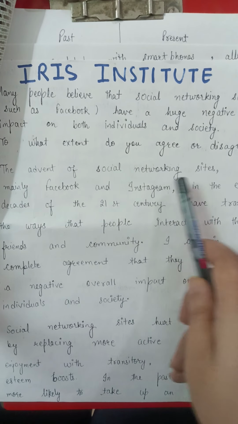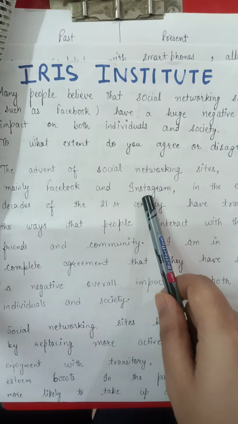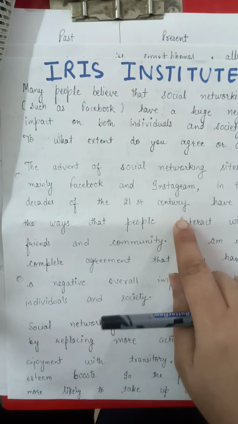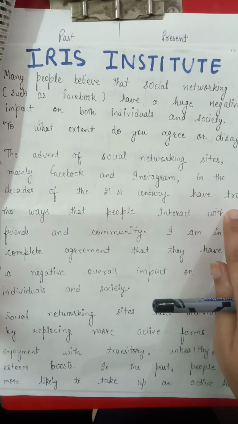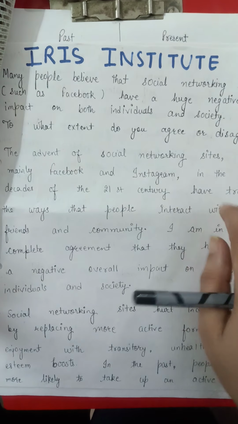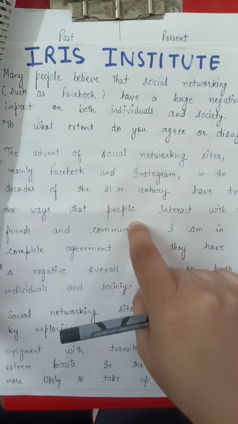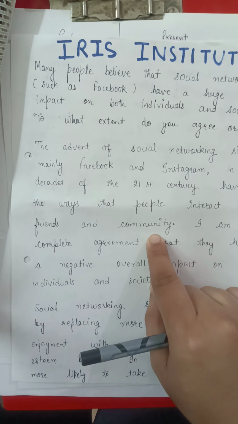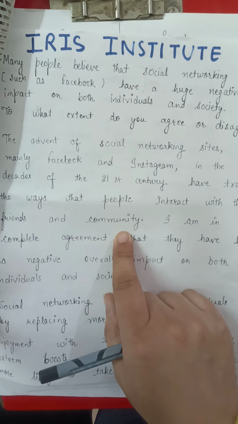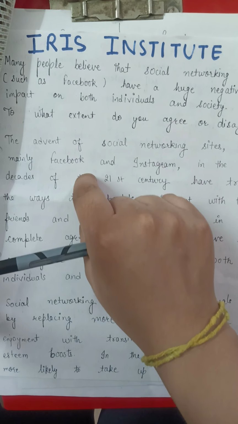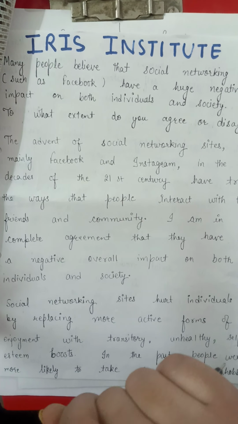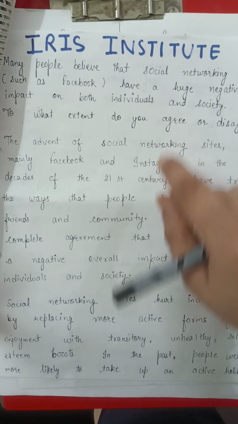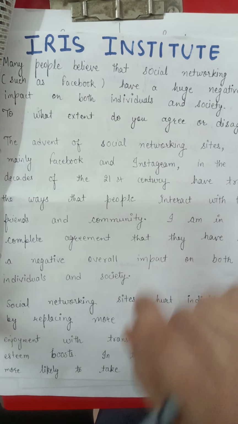With the advent of social networking sites such as Facebook and Instagram in the early decades of the 21st century, the way people, means we, interact with our friends and community has transformed. Yes or no? Yes, of course. We always remain busy with these two, and that is why we do not communicate with anyone. So, this is matching.